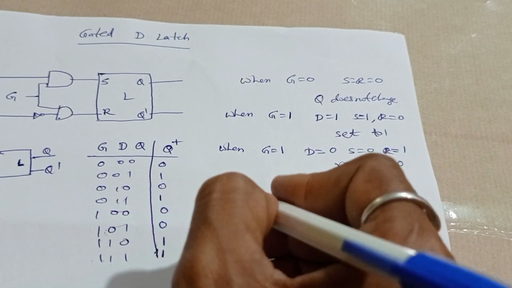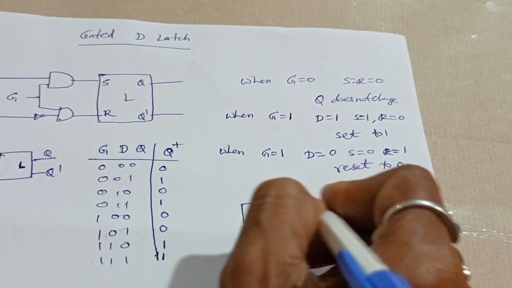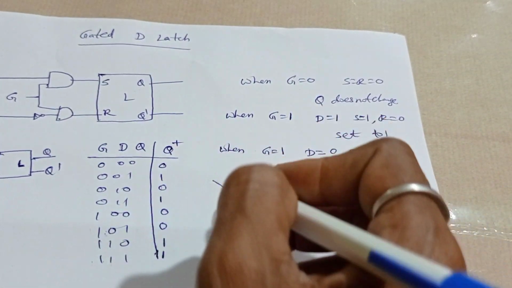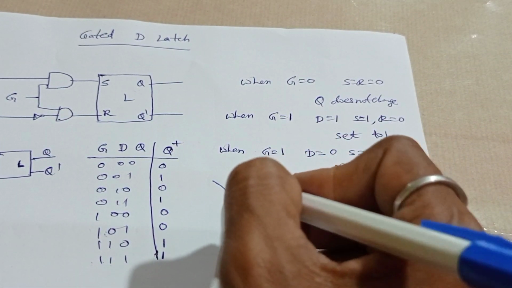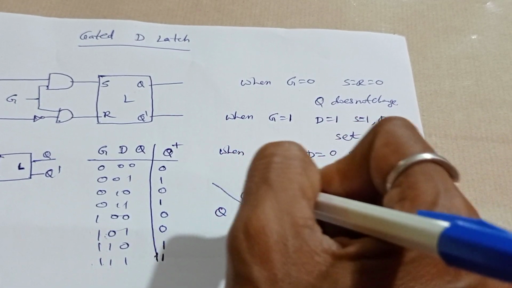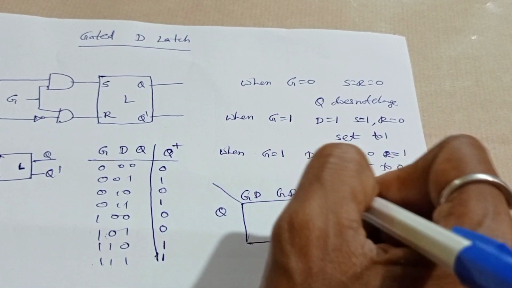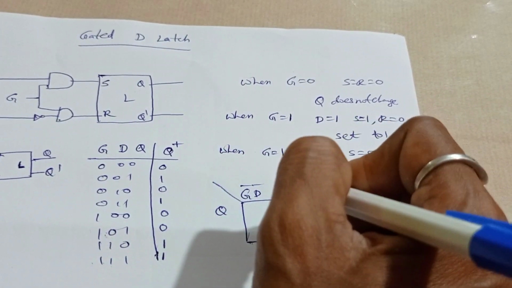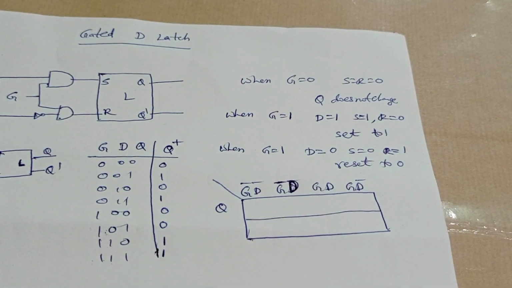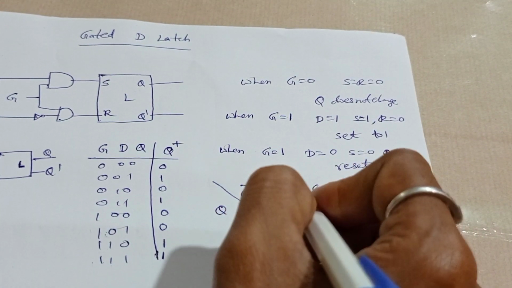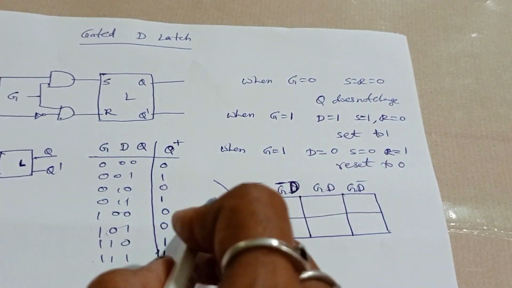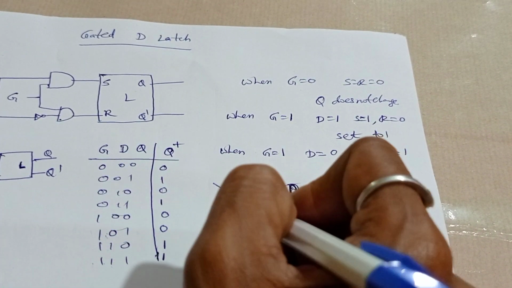Now by this we'll construct the K-map and see the characteristic equation. Q, G, D. Q bar, Q. All zeros, 0.